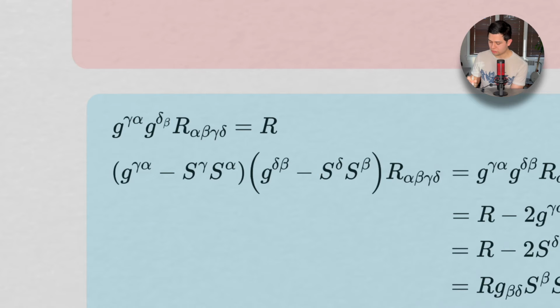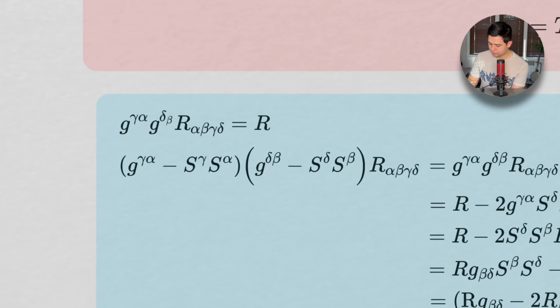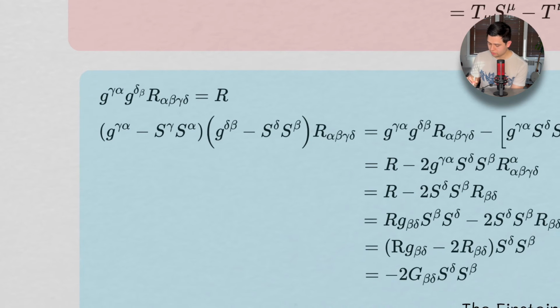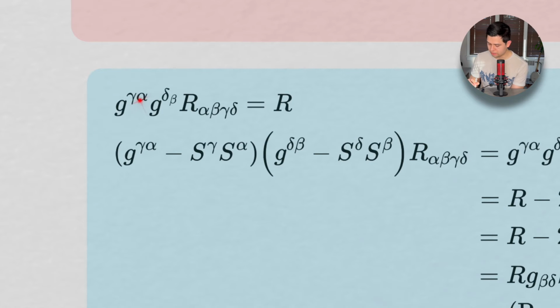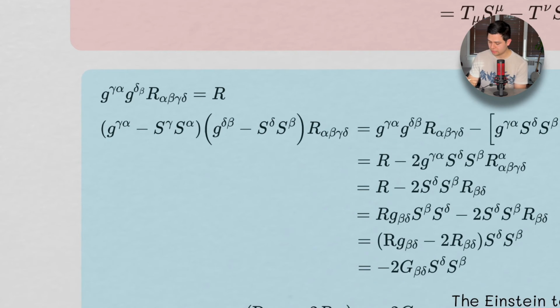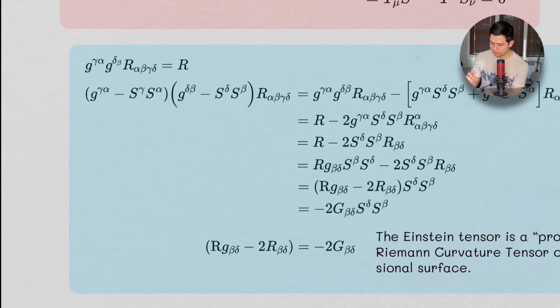So this is a total contraction of the Riemann curvature tensor, where we have delta beta, here's our delta and beta, and our alpha and gamma, okay? And we'll see exactly why you could have alpha, delta, and beta, gamma. I'm just doing it like this for right now, and we're going to see how this plays out, okay?